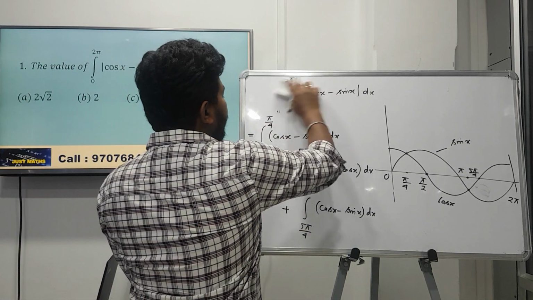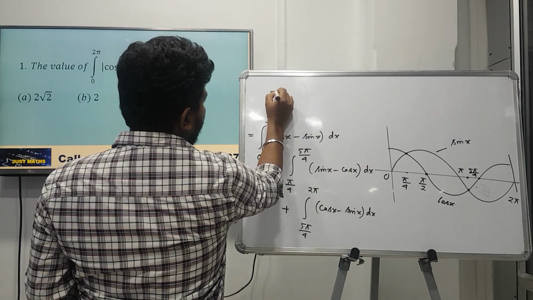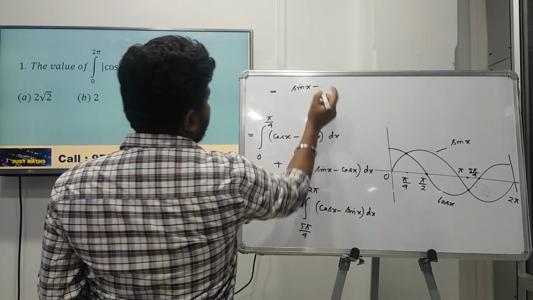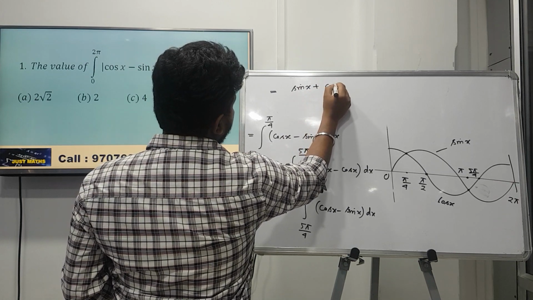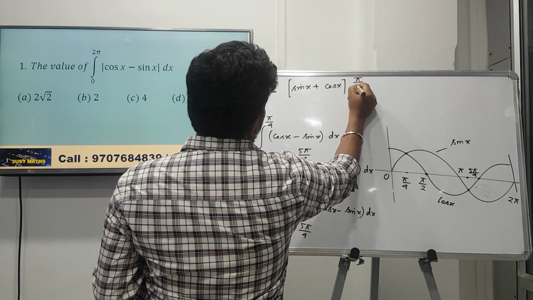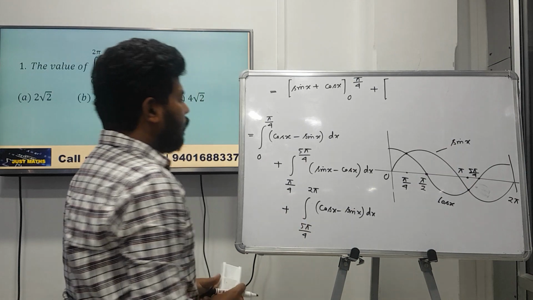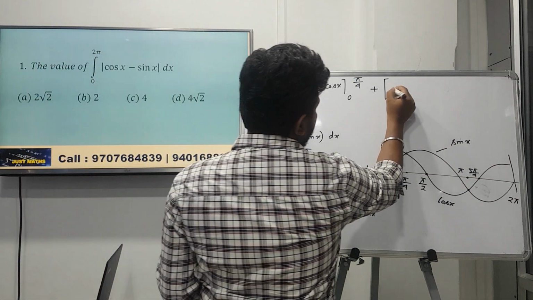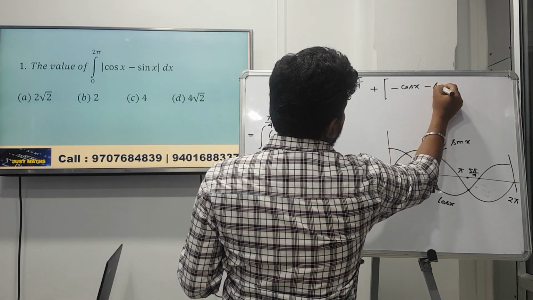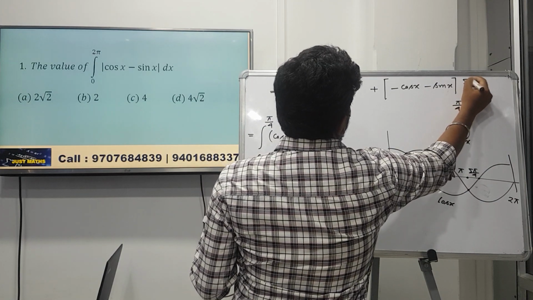Now, if I integrate the respective integrals, we will get something like this. For cos x, the integral is sin x, and for sin x, it is minus cos x, so sin x plus cos x from 0 to π/4. Now, integrate sin x, it is minus cos x, and for cos x, it is sin x, from π/4 to 5π/4.